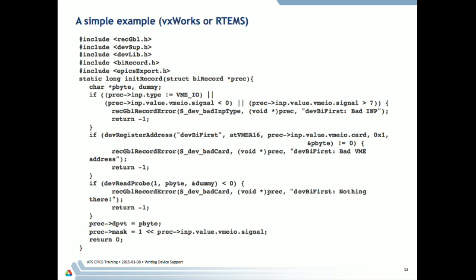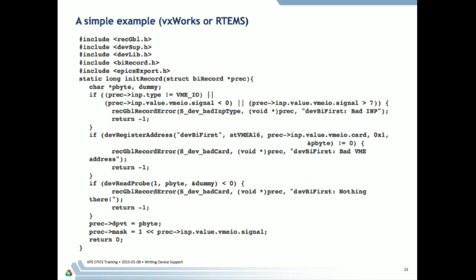And then we probe it to make sure that we can actually read from that I/O location. So the dev read probe call: pbyte is the pointer in the CPU space that relates to that A16 address. We do a dev read probe on that byte pointer, and if that gives us an error, then we say there's a problem, there's nothing at that address.